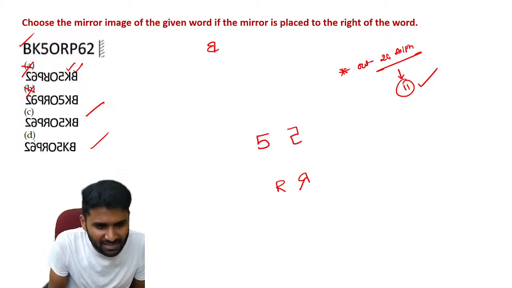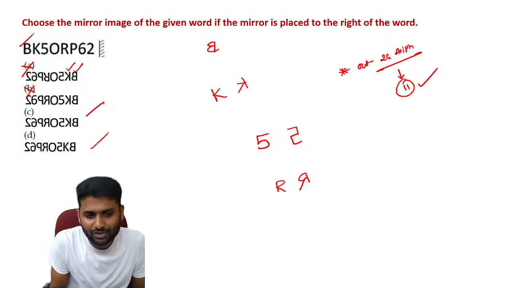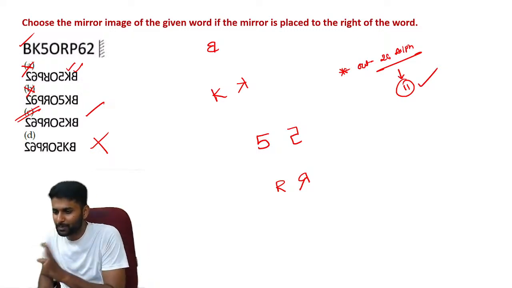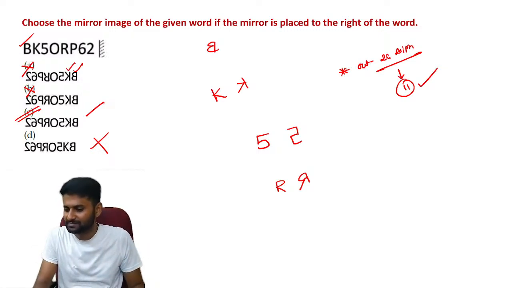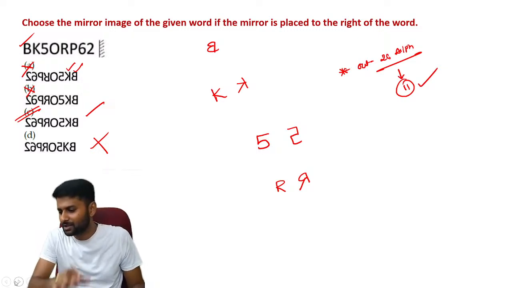Both options are the same except K. Guys, K should be in reverse order. K should not be the same. So option C is the correct answer. Go through the option verification. That is my suggestion. Letter by letter, if you compare all the options, you will be able to choose your option within the time limit.